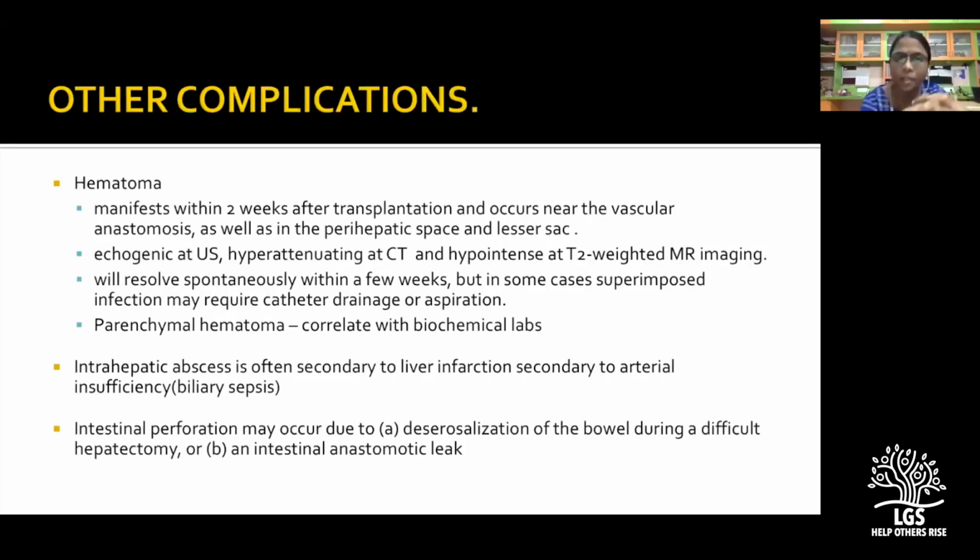And hematoma is also common within 2 weeks after transplantation and usually occurs at the level of the anastomosis and in the perihepatic space and lesser sac. It is usually hyperechoic at the ultrasound, so it is difficult to pick up unless clinical suspicion is there. It is hyperattenuating in the plain CT, and the intensity depends upon the stage of hematoma.